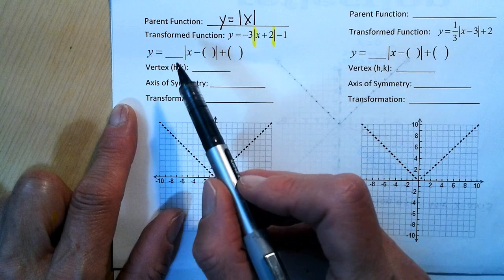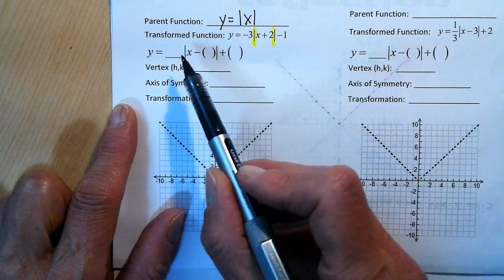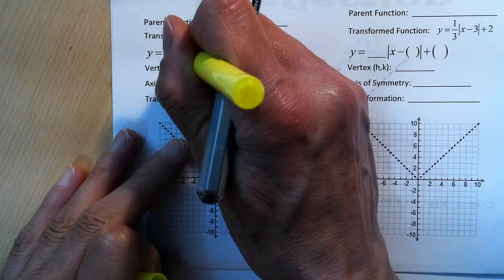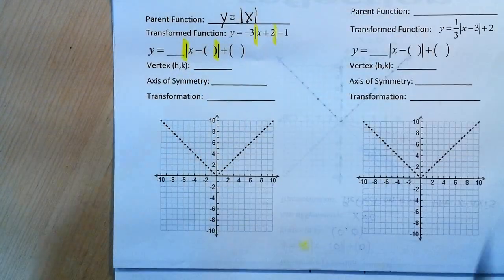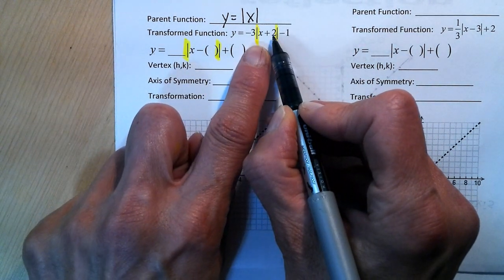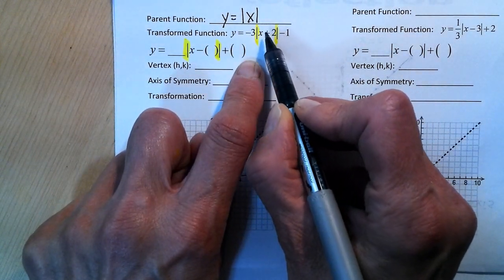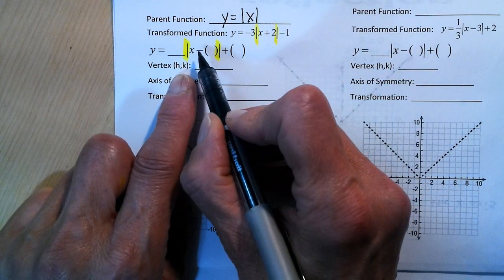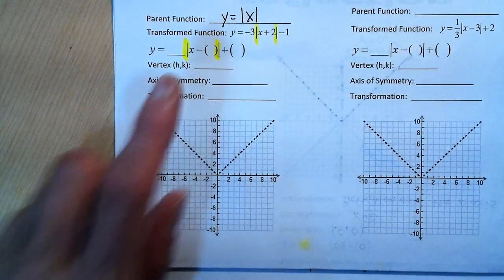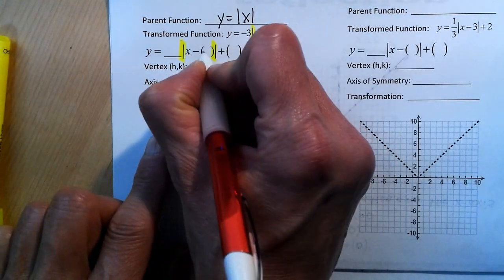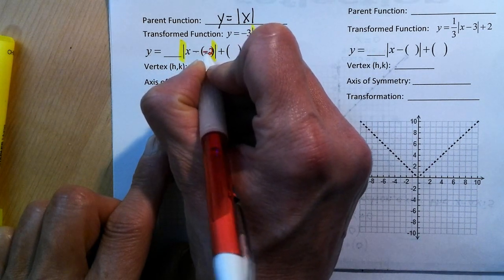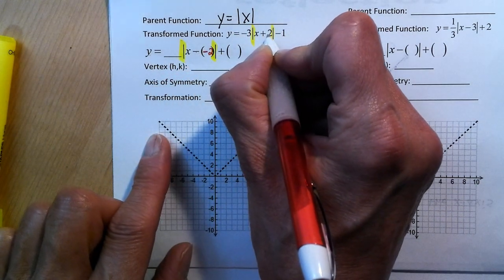Okay, so let's look at what's happening around my absolute value. If I were to look inside at the x, notice this says +2, but my formula is minus, so that means that this needs to be a -2, because a minus times a minus gives me a plus.